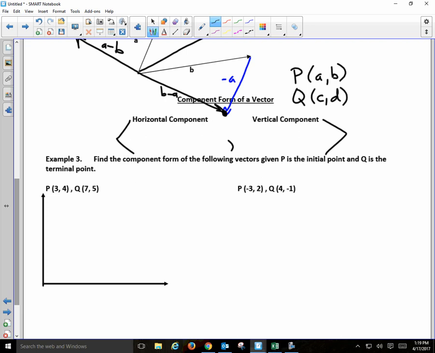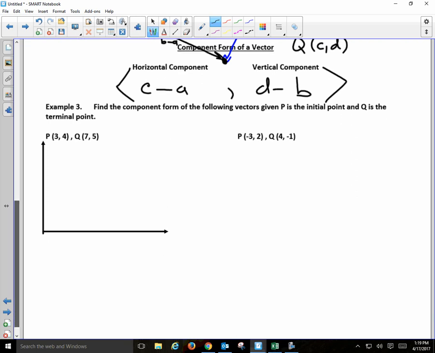And instead of using parentheses, we use these angle brackets. The horizontal component is your terminal x minus your initial x, so it's c minus a. And your vertical would be d minus b. And that gives you a new form that we call the component form of a vector. It's quite simple.